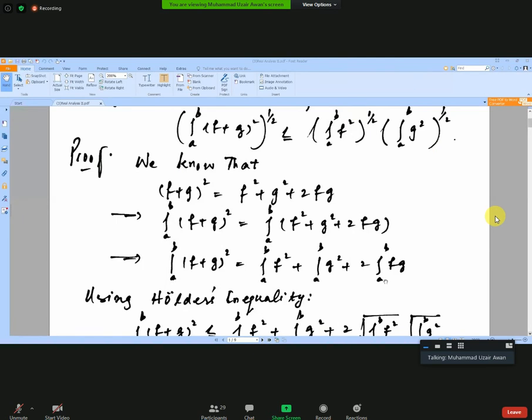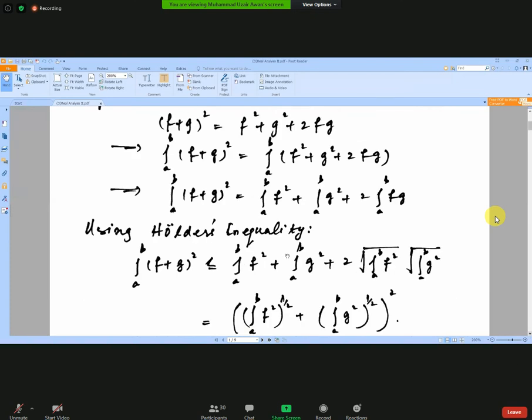Now if we use Holder's inequality on this term, then we get Holder's inequality हमने last lectures में पढ़ी थी. उसको यूज करें तो हमारे पास आएगा integral a to b f plus g whole square is less or equal to integral a to b f square plus integral a to b g square plus 2 under root integral a to b f square into under root integral a to b g square.